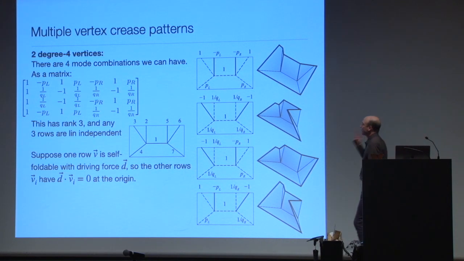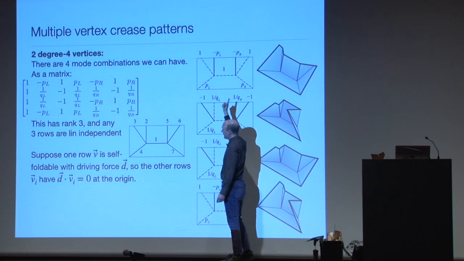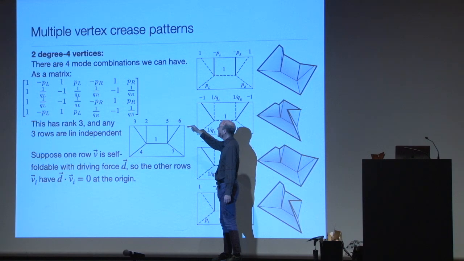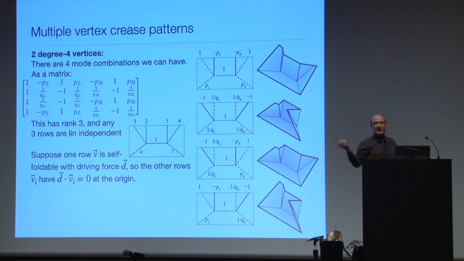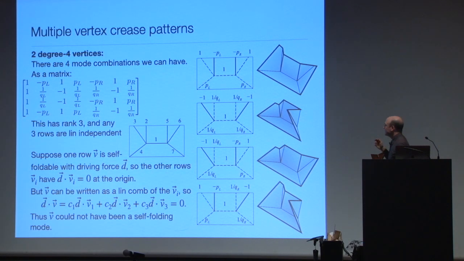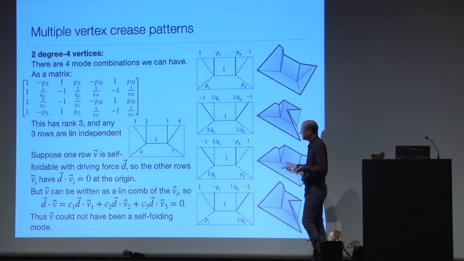But this matrix has rank 3. Suppose I could self-fold for the top row. That top row is a linear combination of the other rows, because this matrix only has rank 3, right? So whatever row that was, which I'm calling V here, can be written as a linear combination of the others.